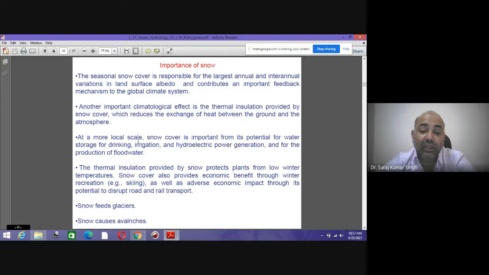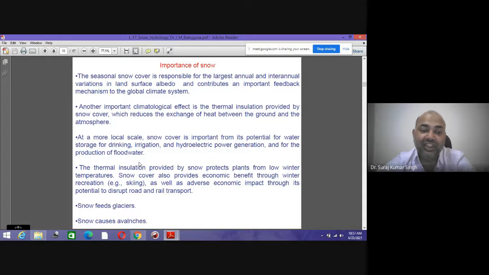At a more local level, snow cover is important for its potential for water storage for drinking, irrigation, hydroelectric power generation, and for production of flood water. So you can see a large feature that is utilized locally. Thermal insulation provided by snow protects plants from low winter temperature.